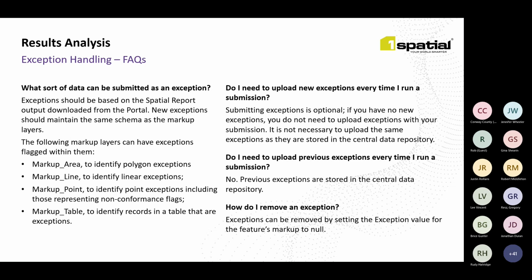Again, the schema for exceptions is based on our markup output results. So that's the spatial report. If you use that spatial report and you flag within that exception field, you can just save those markups as your exceptions and then upload them to the new exceptions as a data set for an assignment.